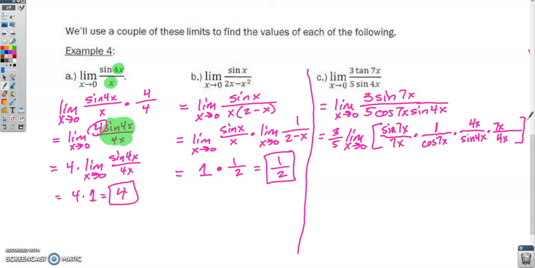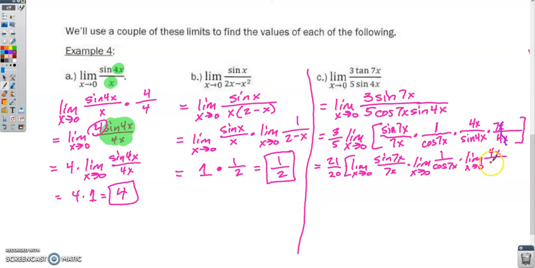So look at what happens here. The x's in the 7x over 4x cancel out, so I can bring the 7/4 out in front, and this becomes 21 over 20, times limit as x goes to 0 of sine of 7x over 7x times limit as x goes to 0 of 1 over cosine of 7x times limit as x goes to 0 of 4x over sine of 4x.